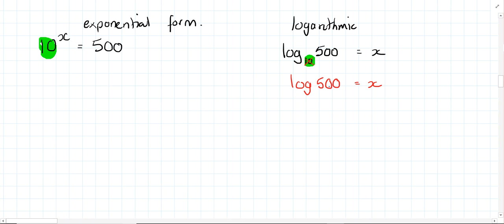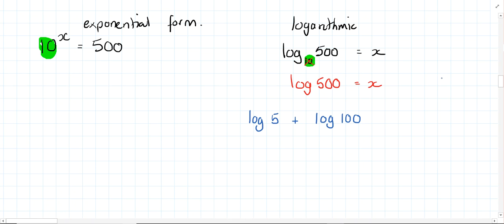But just to check the laws that we were talking about before, I'm going to change this to log to the base 10 of 5, add what? 100.